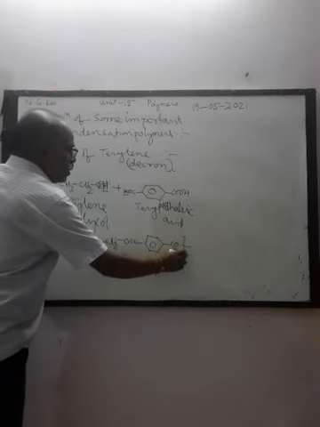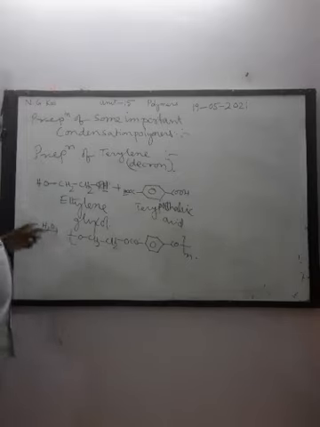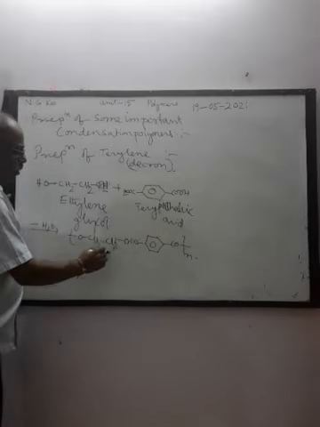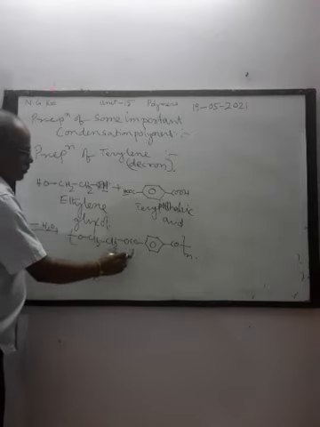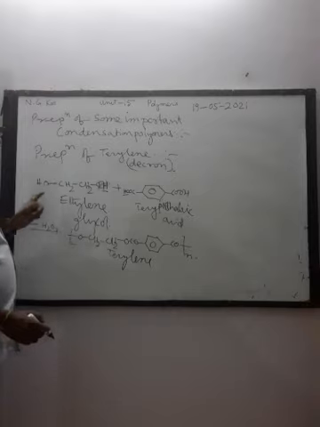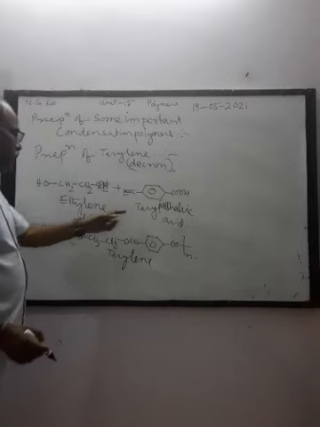So this is the unit of the polymer of terylene or dacron. So terylene or dacron is obtained from the monomers ethylene glycol and terephthalic acid.